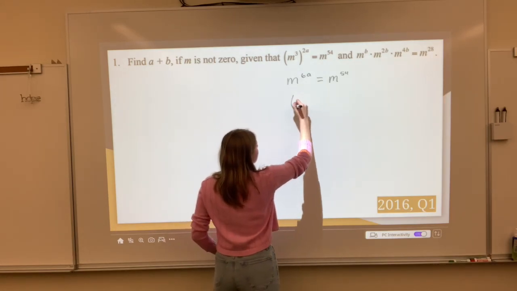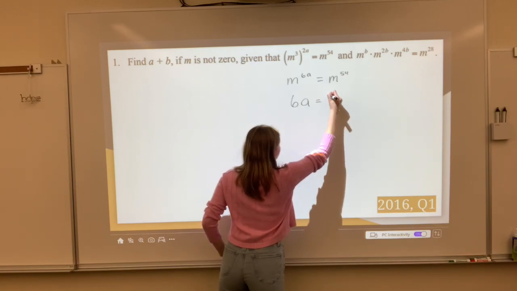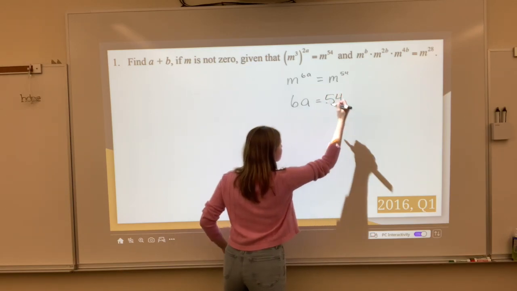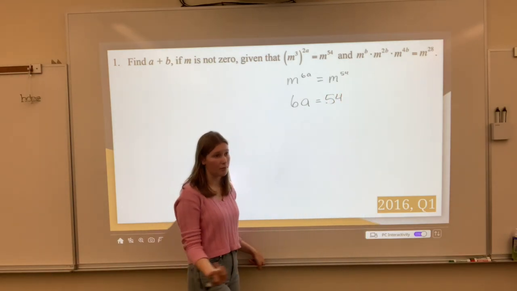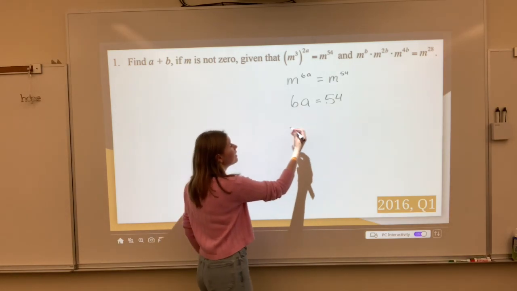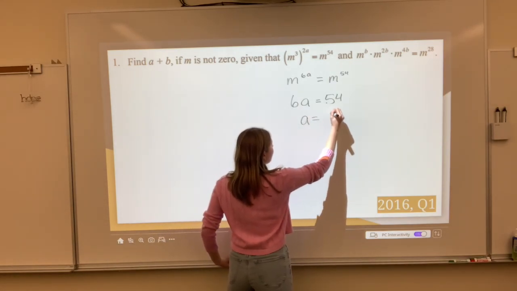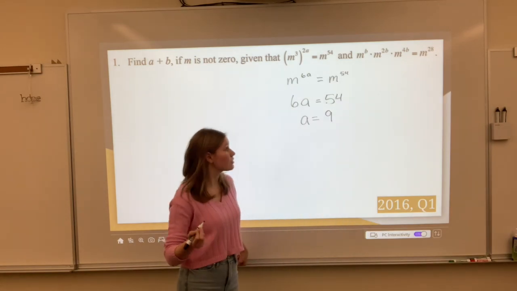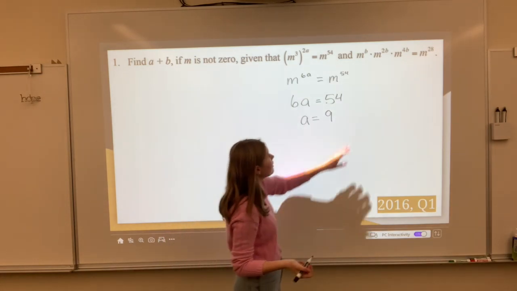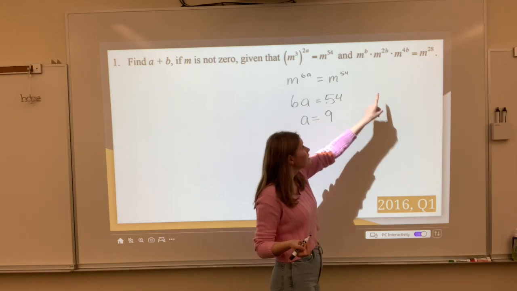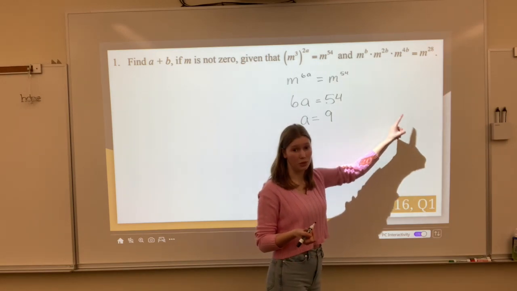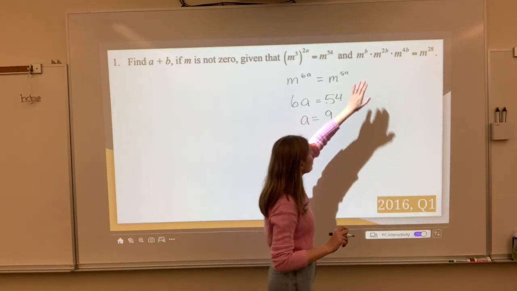So, I can say that 6a is equal to 54, because those exponents have to be the same. Now all we have to do is solve for a, and we know that a is equal to 9. Now, let's do the same thing for b. We have m to the b times m to the 2b times m to the 4b is equal to m to the 28th. Well, these are all multiplied together.